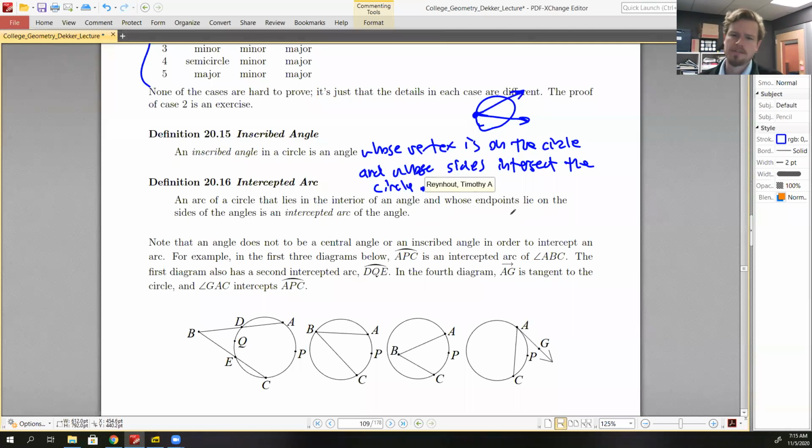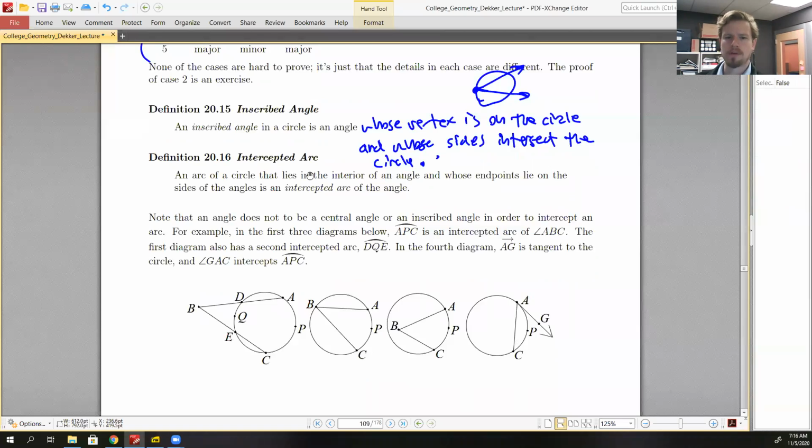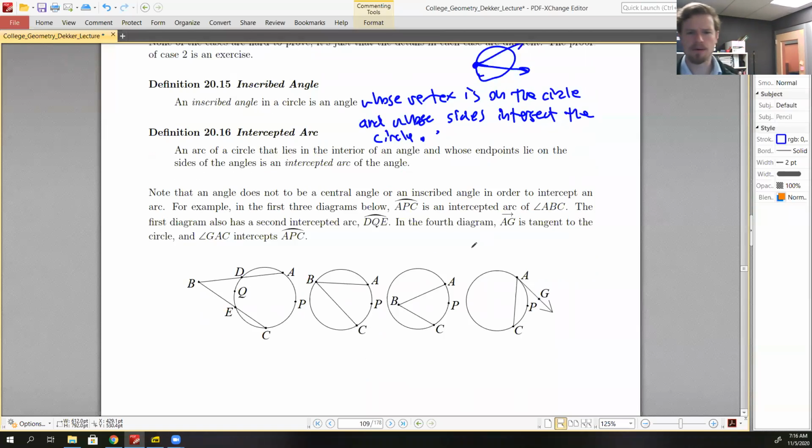So there's a lot of different ways that we can encounter an intercepted arc, and we don't have to have an inscribed angle to find an intercepted arc. We have 4 different diagrams down here demonstrating how we might encounter intercepted arcs. So for example, this one does in fact have an inscribed angle.